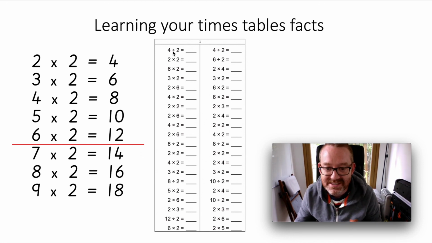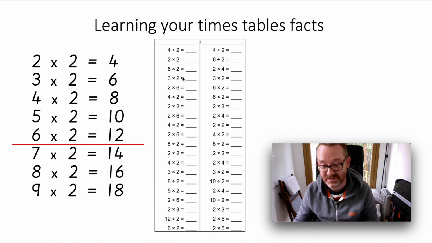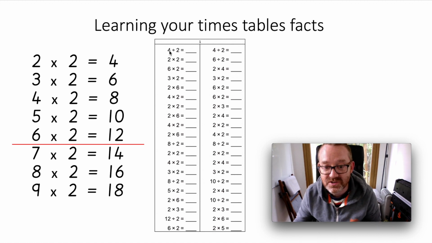So I'm going to say every question, all 40 of them, and I will pause in between, and I want you to join in as you're watching the video. Okay, so for the division ones, you'll remember I will say something like 2s are 4, and you would chant back 2 2s are 4. And for the multiplication ones, I will say 2 2s are 4, and you would say 2 2s are 4.